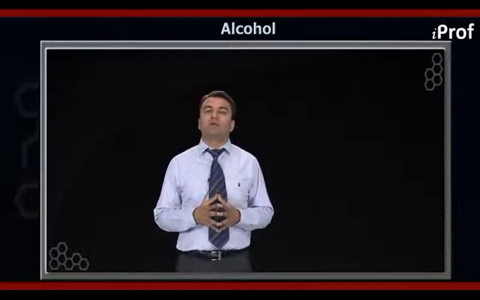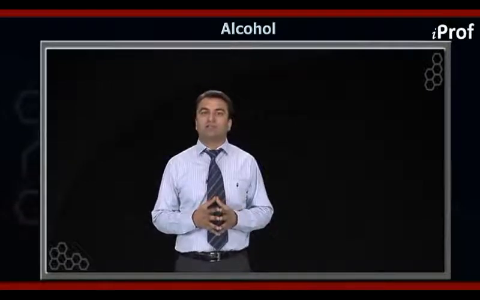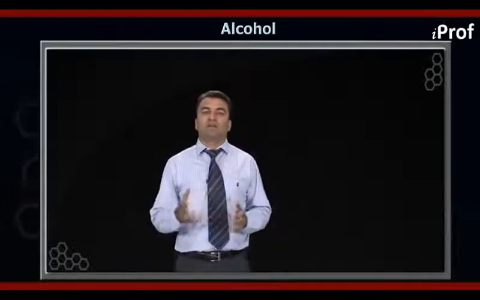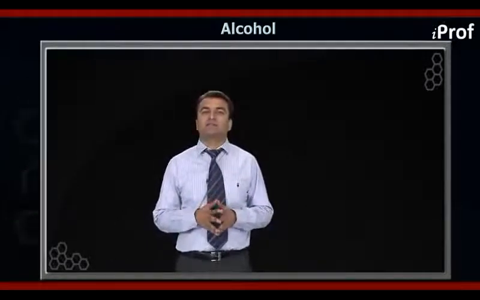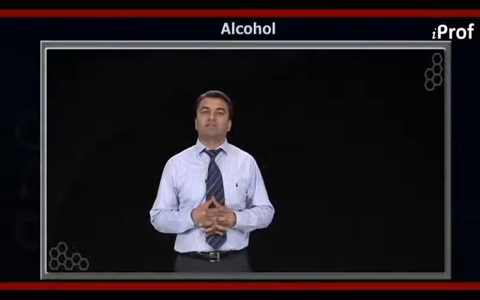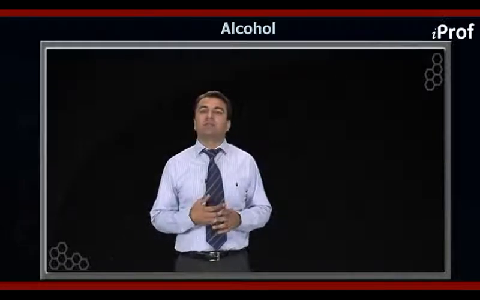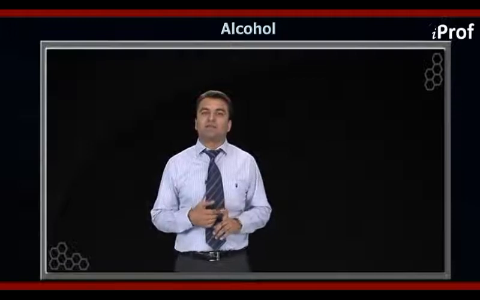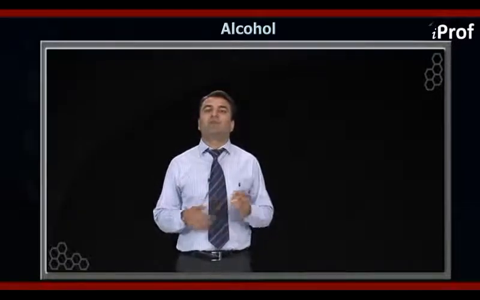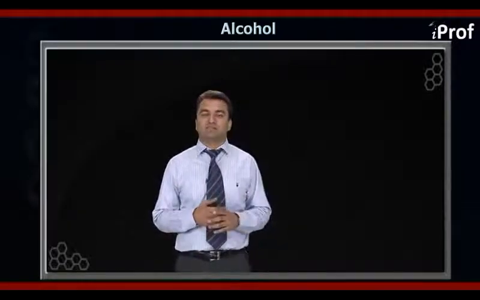So what we will be discussing over here is the methods of preparation of these different types of compounds, that is alcohols, phenols and ethers, and then we will be discussing about their physical and chemical properties. After that we will discuss about their applications also.